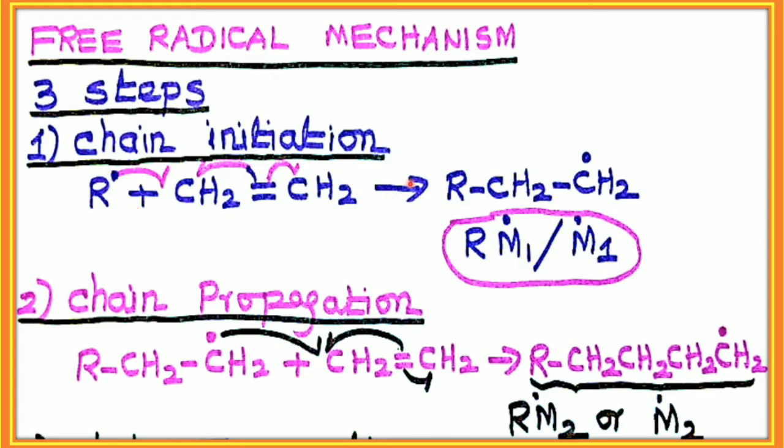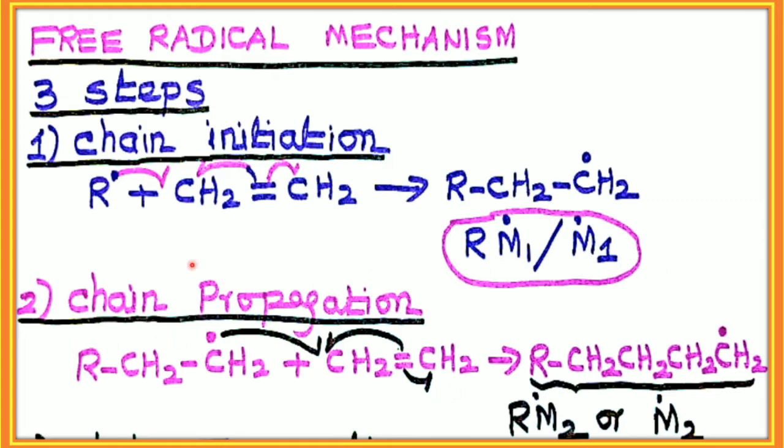In chain initiation step, the free radical obtained from the initiator reacts with the monomer molecule to form monomer radical, called RM1 dot, or generally M dot.